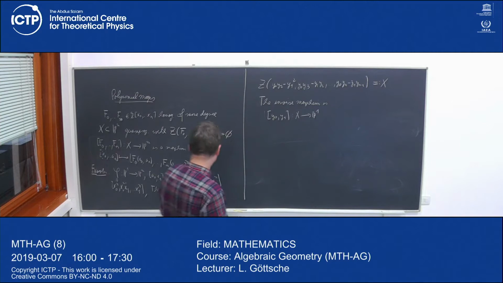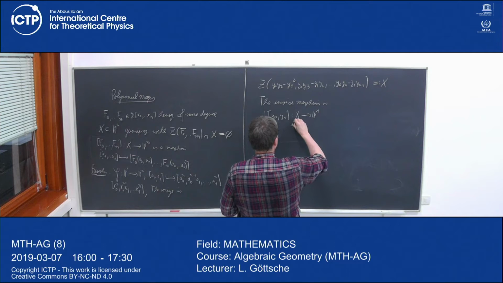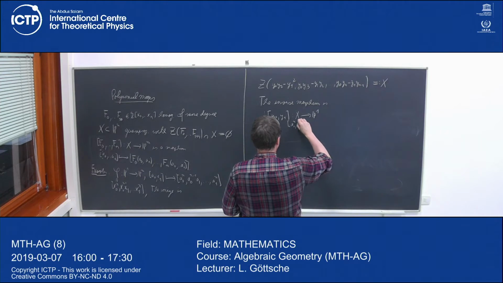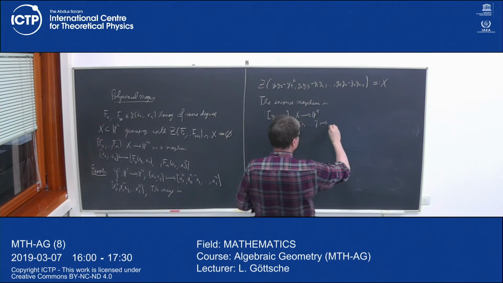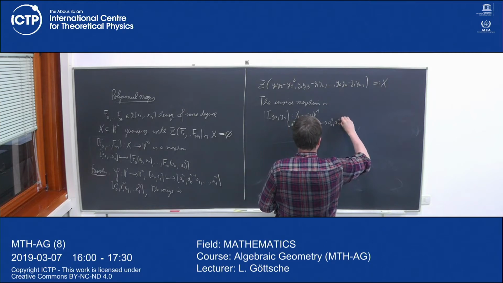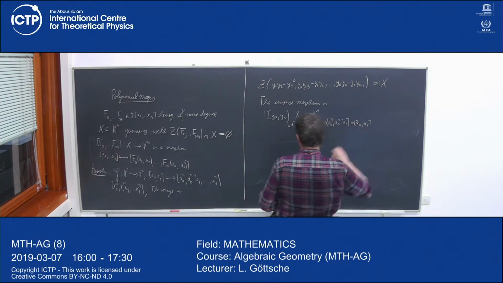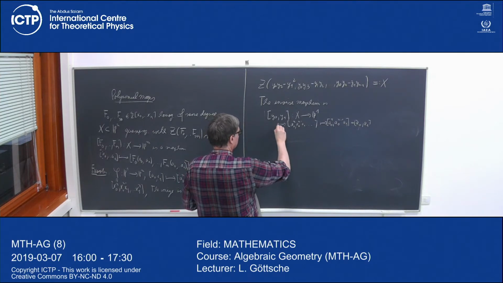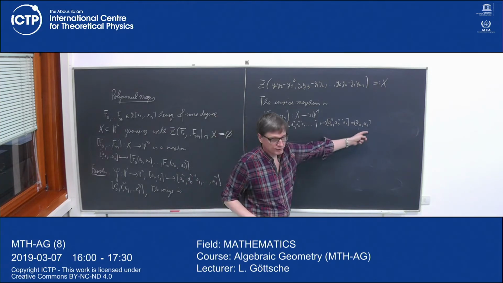So we send the tuple e0^n, e0^(n-1) e1, and so on, to (e0^n, e0^(n-1) e1), which is just (e0, e1). So if I start with the first map, I map (e0, e1) to this, and then these two compositions are the identity.